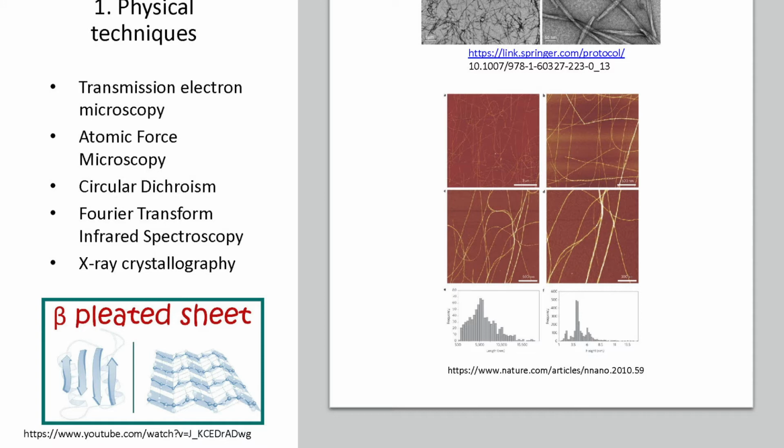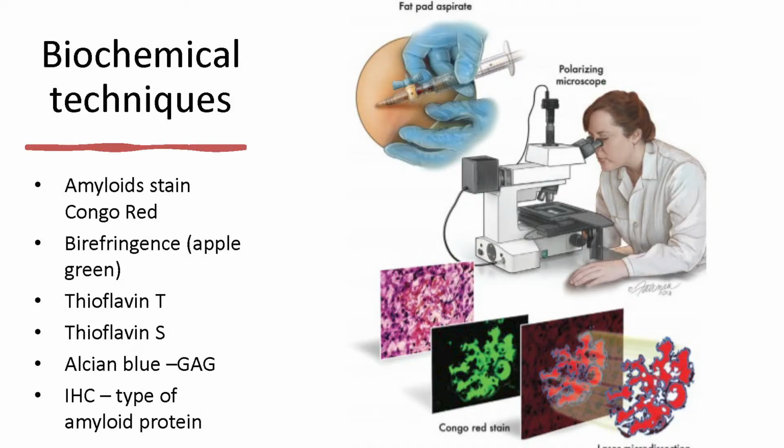Thioflavin T and thioflavin S are other dyes which are used to study the amyloids. But even though a large number of staining techniques are available, the most specific method to study the amyloid is still immunohistochemistry, because in this method we use specific antibodies with which we can identify the type of amyloid that is in the picture.